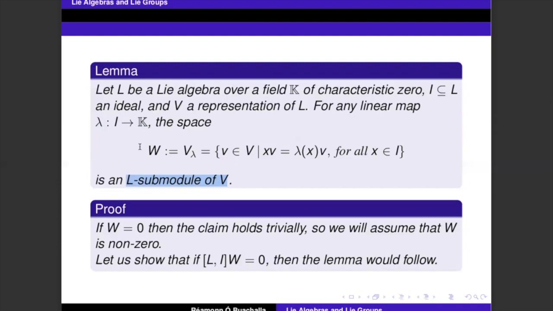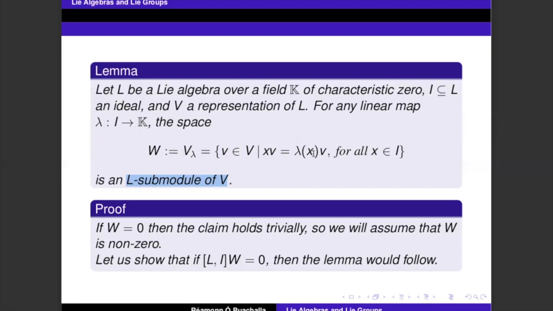So if W is 0, which is to say we've made a bad choice of lambda, so that there were no elements satisfying this condition, which is perfectly possible, then your space is going to be 0. But in the case it's 0, then it's clearly closed under the action of L, because L is going to operate on something which is 0 to give you 0.